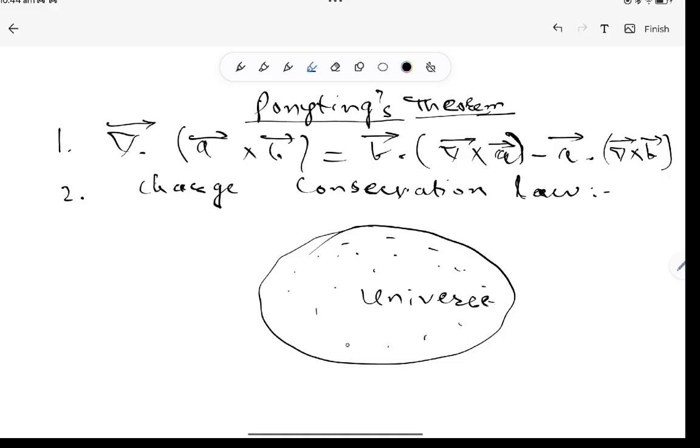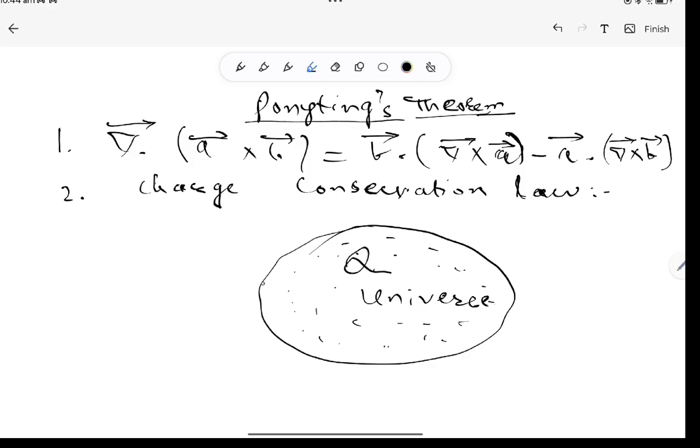The total is, say, Q. This total charge can be 0, because there can be as many positive charges as negative charges of equal magnitude, or it may not be 0. We are not sure about the total charge of our universe.